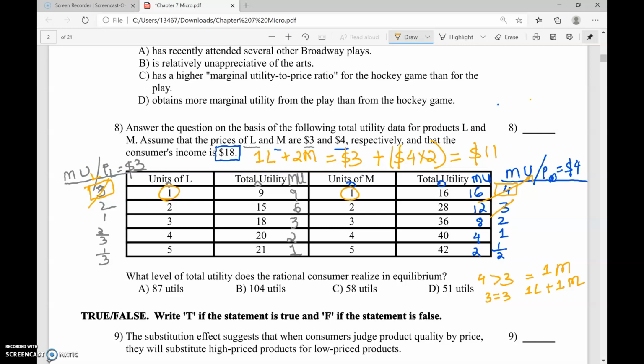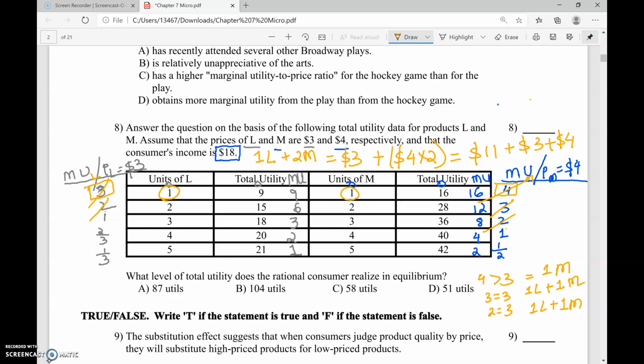Next, I'm going to compare this 2 to this 2. Looks like I can slide these numbers off. So one more L and one more M. With this $11, I can add one more L here, which is 3, and one more M here, which is 4.